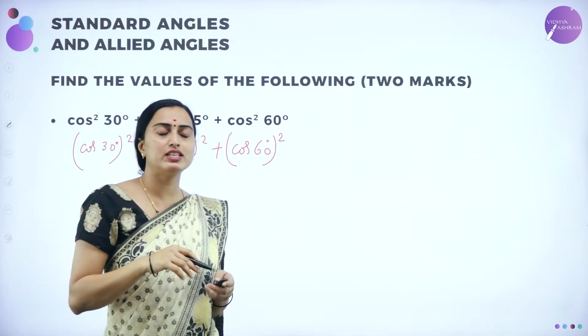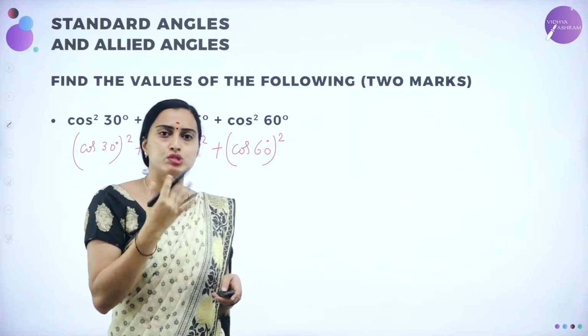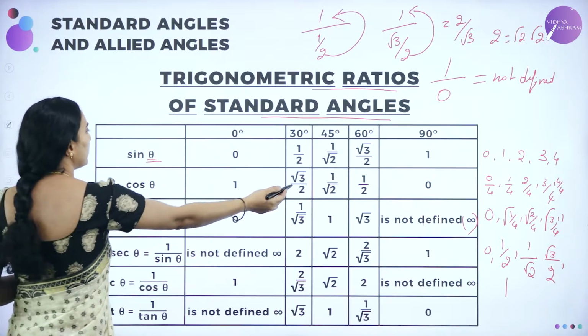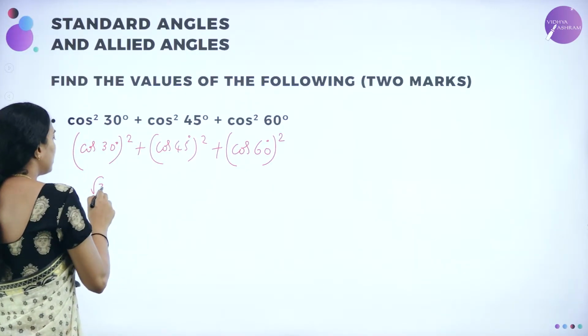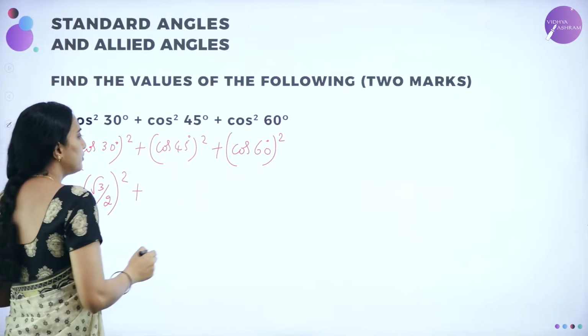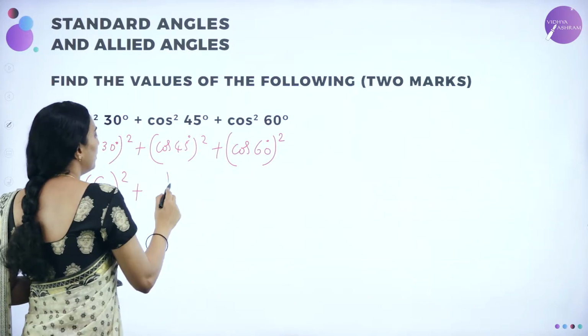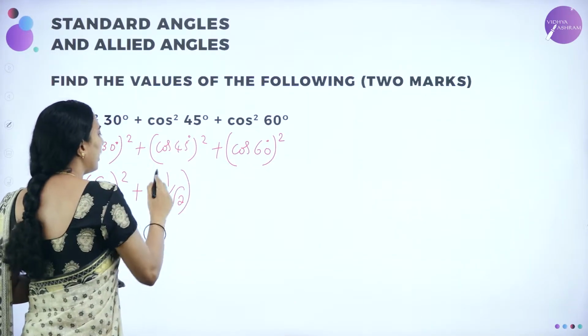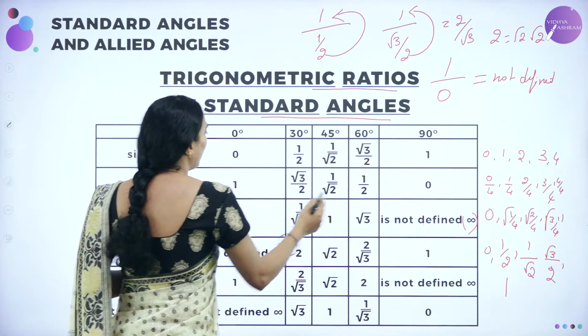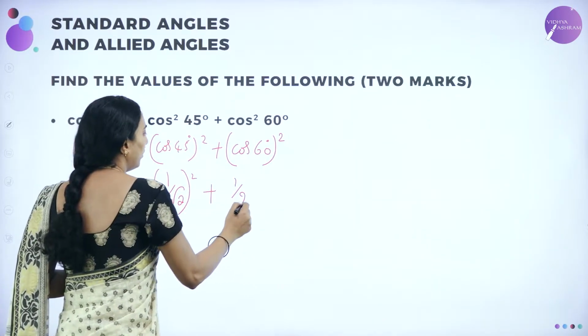Next onwards, if there is a square, I am going to take the value squared directly. So cos 30 degree, you know already, is nothing but root 3 by 2. So root 3 by 2 whole squared plus cos 45 degrees, 1 by root 2, whole squared, plus cos 60 degrees, nothing but 1 by 2, whole squared.